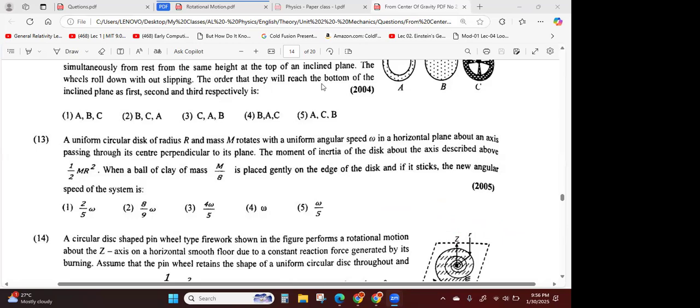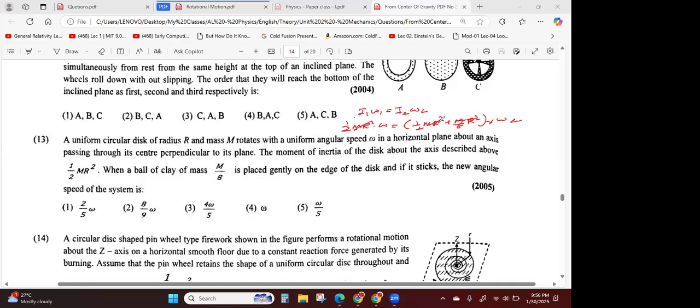Okay, so here we have I1 omega 1 equals I2 omega 2. I1 is half MR squared into omega. I2 is half MR squared plus M over 8 R squared, into omega 2. We want to simplify this, so we can divide by MR squared.